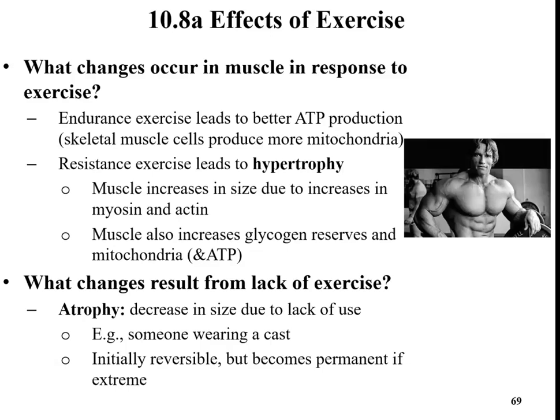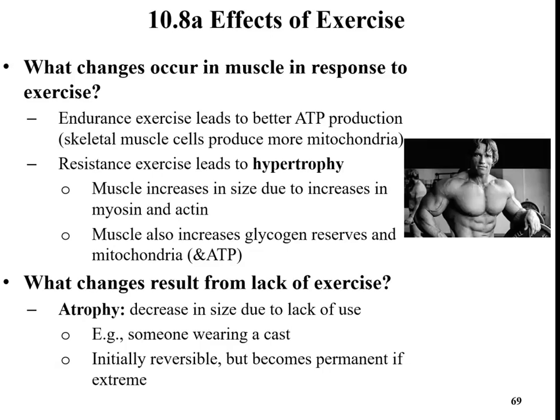Resistance exercise is going to lead to hypertrophy of the cells. So the muscle cells are going to increase in size, due to increases in myosin and actin. The muscle is also going to increase the glycogen reserves and the mitochondria as well.